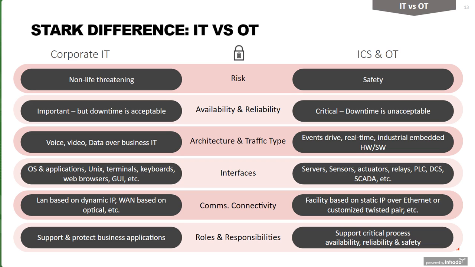Then on the actual equipment and architecture side, typically on the IT side you have operating systems and Ethernet-based systems that are very common, where people are very used to them. But on the OT side, they are not monolithic.